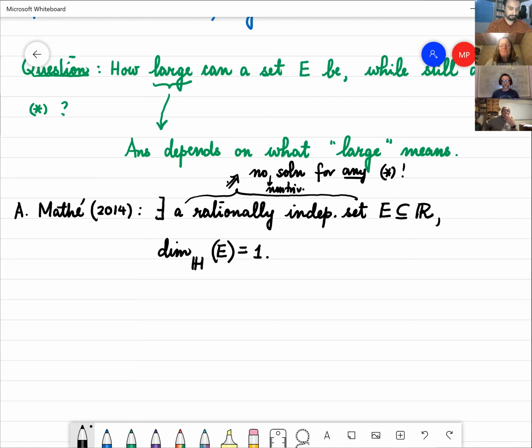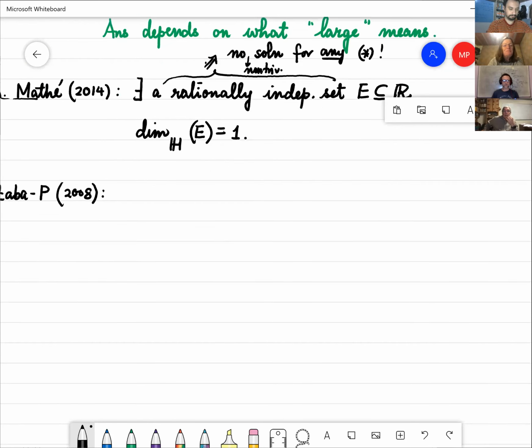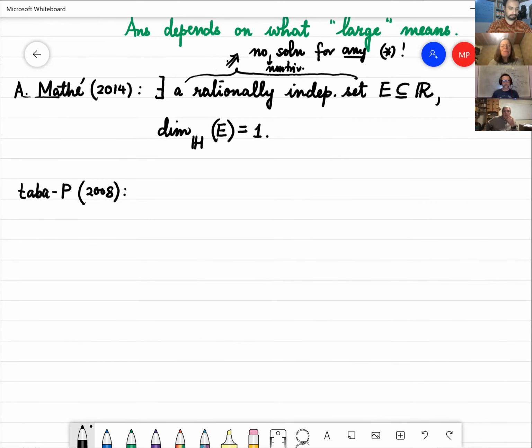Now, there are positive results too, and one of the positive results, joint work with Izabella Laba from a while ago, dating back to 2008 or 2009, was that even though there are large sets without rational dependencies, with some other formulation of largeness we do have a positive result.